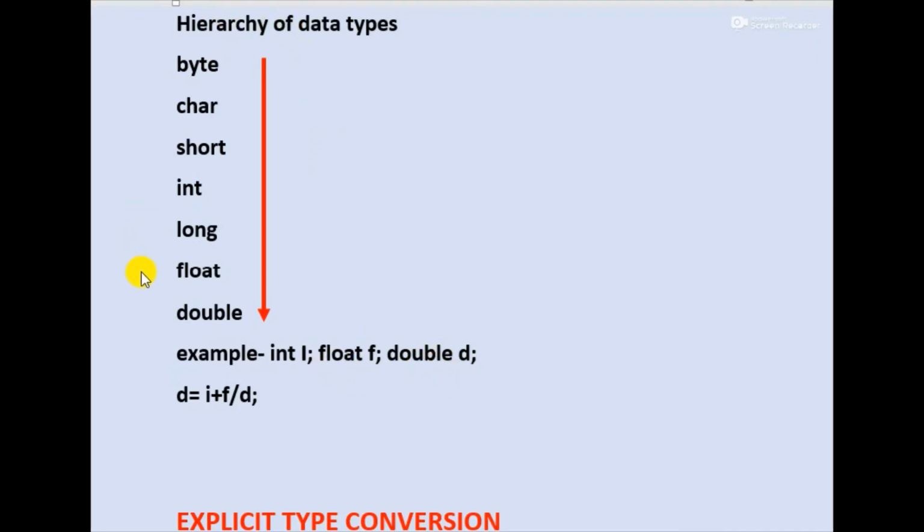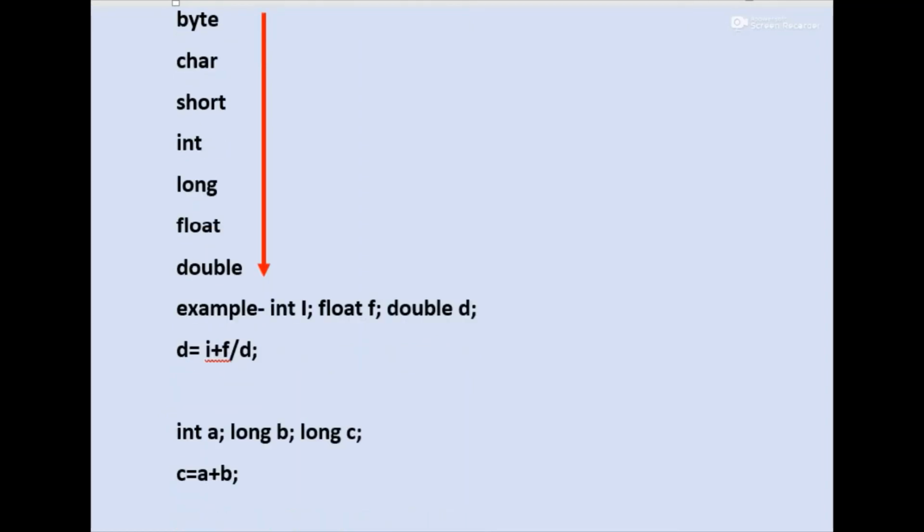According to this hierarchy, the highest priority is double. So the result of this expression will be contained by the variable d, because d is a double type variable.